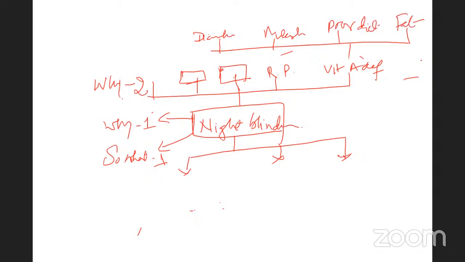Now, the next question over here, why? Why diarrhea? Then there will be a reason why measles, why poor diet. For example, all four. So for poor diet, you can have the further, this is a third level.